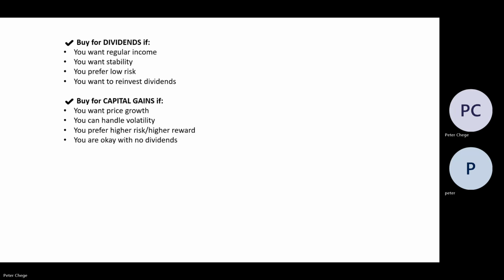Or if you're looking for capital growth, capital gains, you want price growth because you are chasing after price. So you need to be able to handle volatility. When prices fluctuate downward, you don't panic. When they fluctuate upward, you don't panic and start selling. You want to identify opportunities, and that's when you take profit and also buy back.